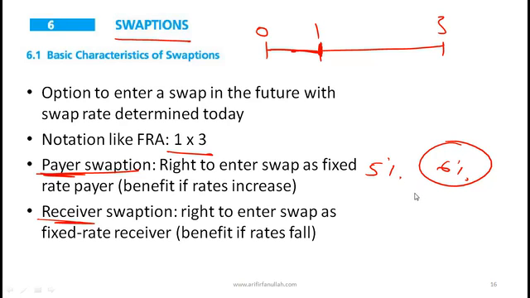Have you benefited? You have benefited because you can now enter into a swap paying a rate of 5% rather than the market rate of 6%. So just remember this. If you have a payer swaption, you benefit if rates go up. And the opposite holds true if you have a receiver swaption.